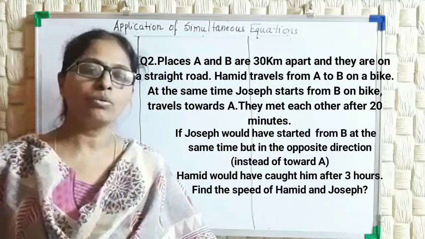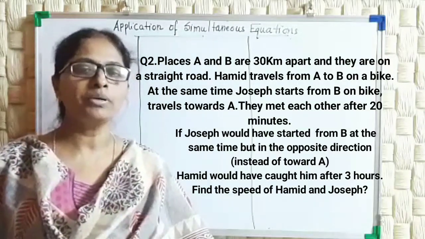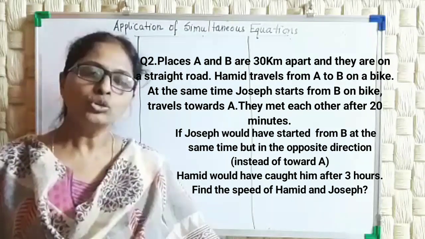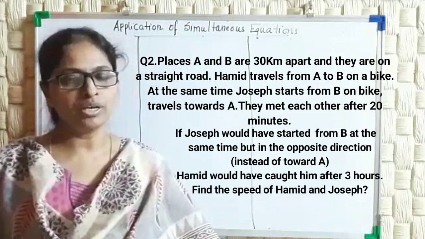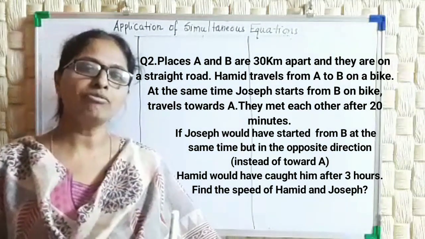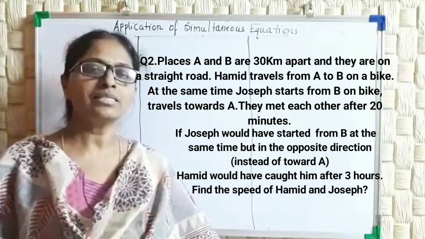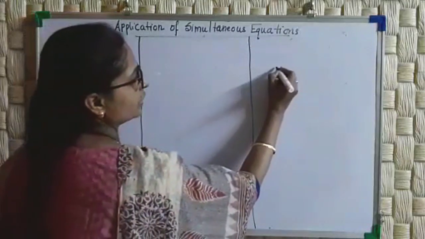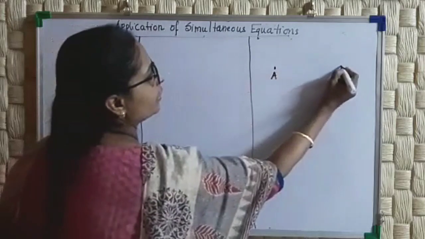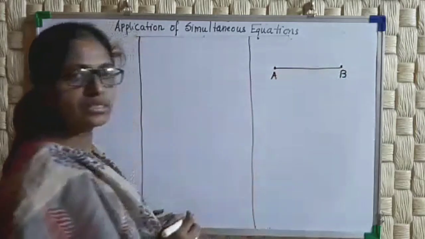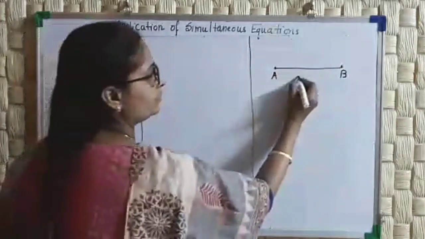Now, this question can also be divided into two parts and we can get two linear equations in two variables, or simultaneous equations. Let's see the first part, that is, places A and B are 30 kilometers apart from each other. So we'll take place A and this is place B. They are 30 kilometers apart from each other.